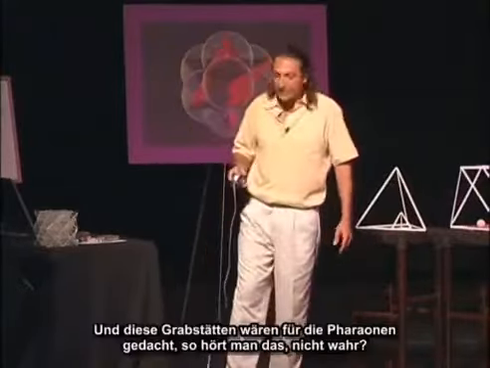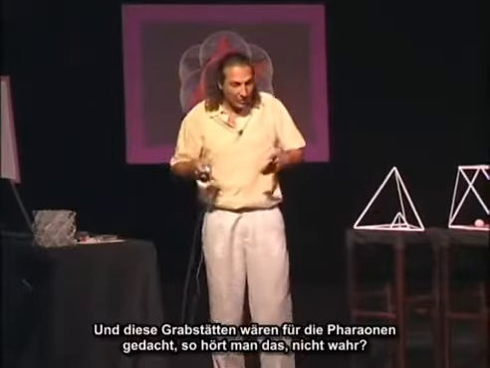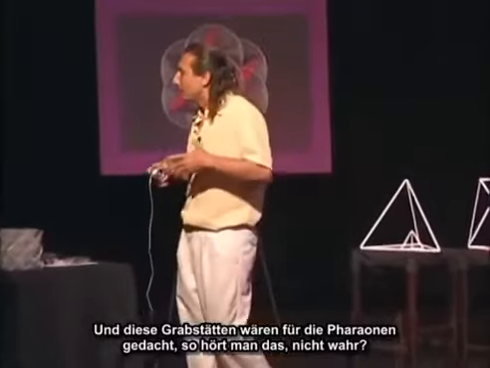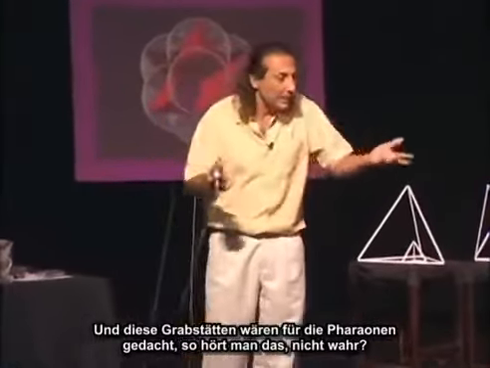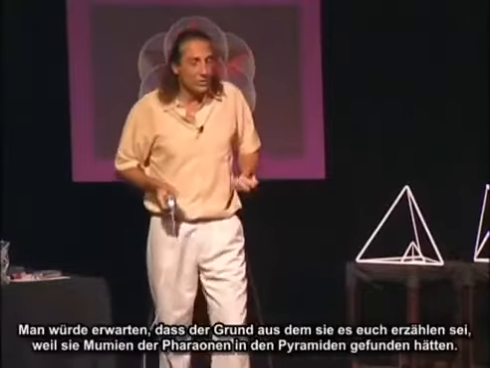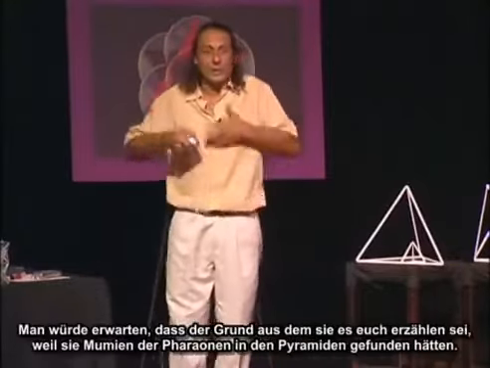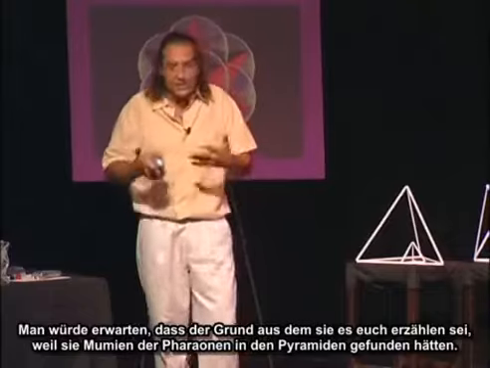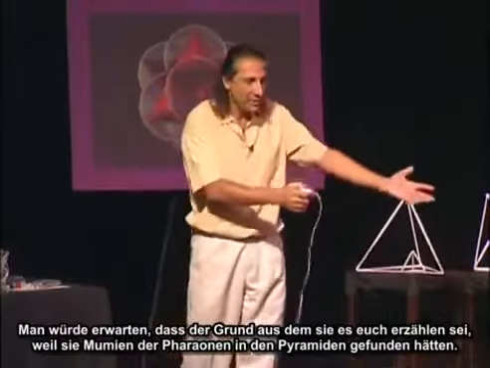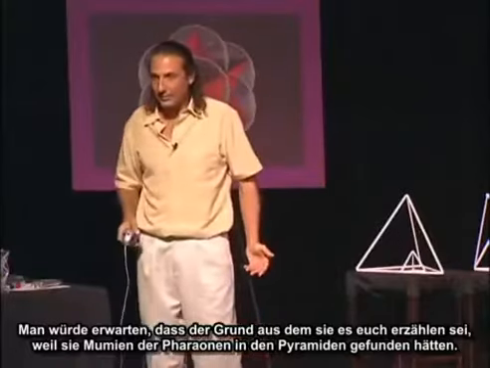And these tombs were there to have the Pharaoh be buried in, right? You've all heard that. And you would expect that the reason they're telling you that is that they found mummies of pharaohs in pyramids.